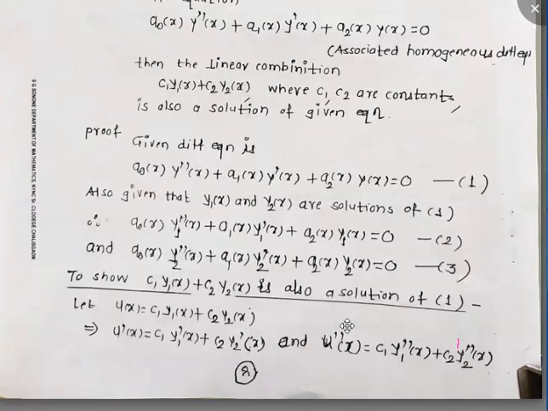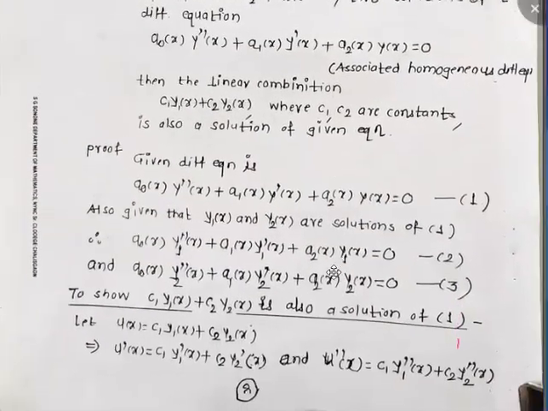Now we have to show that this linear combination is also a solution, so we replace y by u in equation 1. If it is satisfied by u, then u(x) is also a solution.